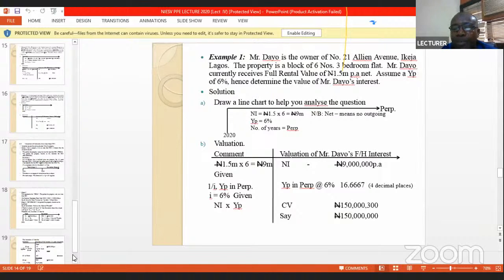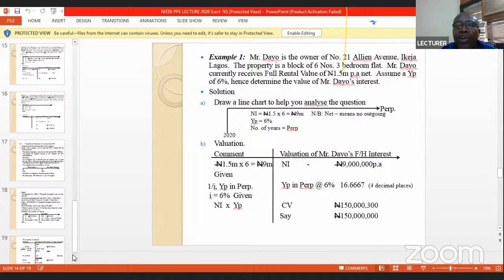See the arrow. The arrow of the chart is marked PEP, showing that the interest runs in perpetuity. Whenever you are looking at full rental value, it is usually valued in perpetuity. If you look at the second sentence again, you will see that the property is a block of 6 numbers, 3-bedroom flats.